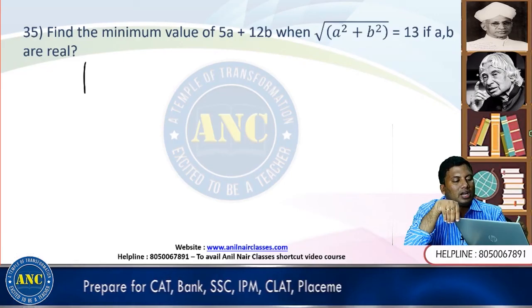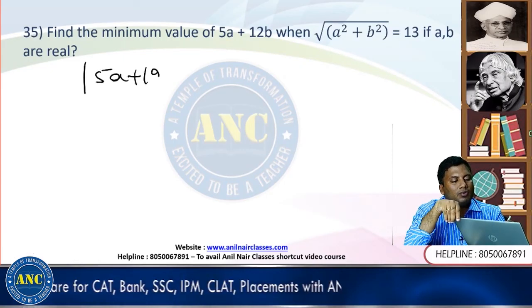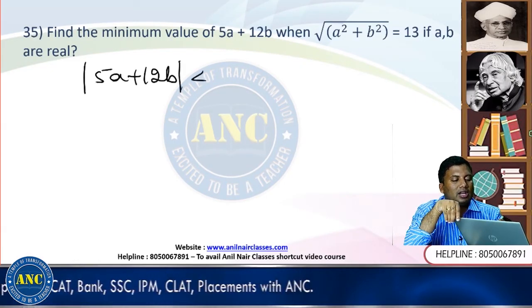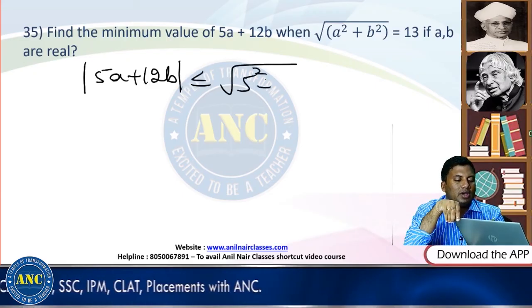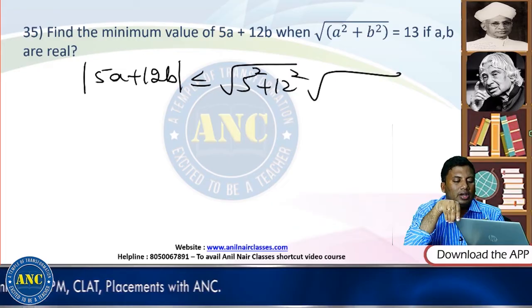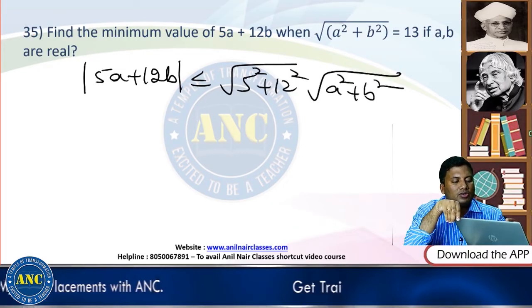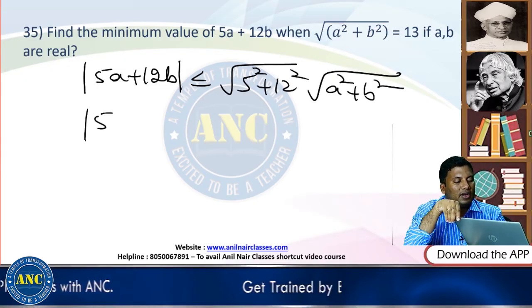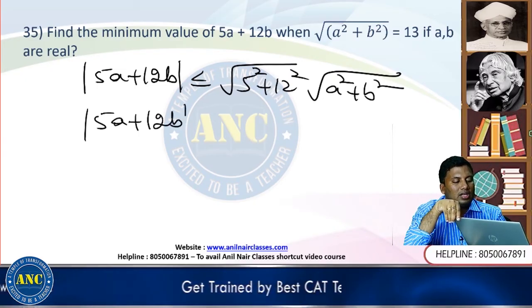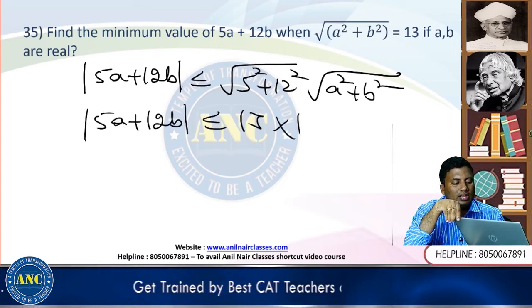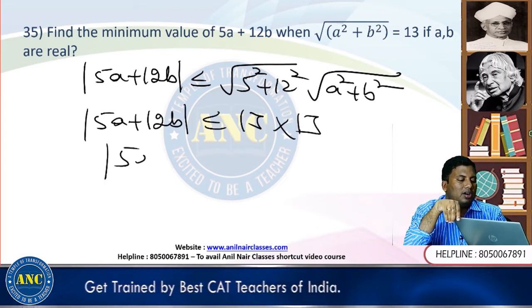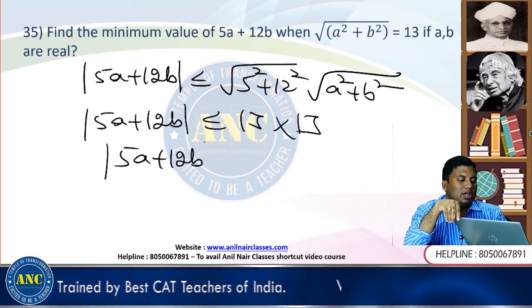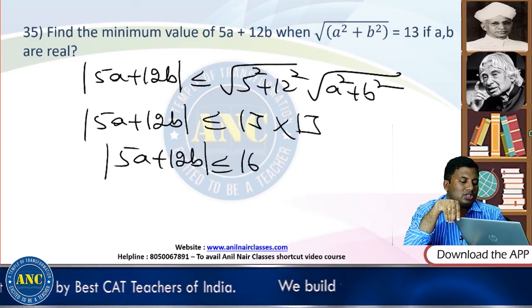Next one, same concept. Mod of 5a plus 12b is less than or equivalent to root of 5 square plus 12 square into root of a square plus b square. This is 13, and root of a square plus b square is also 13. So mod 5a plus 12b is less than or equivalent to 169.